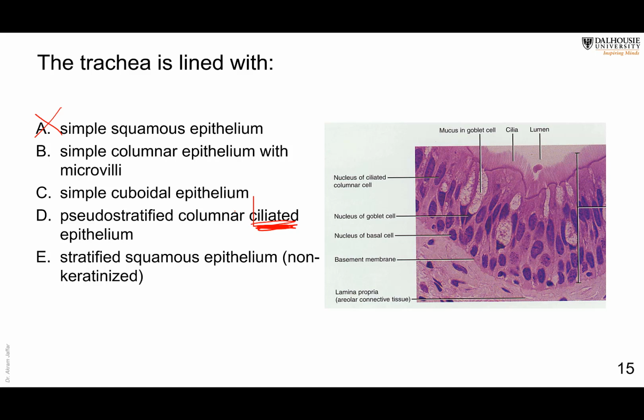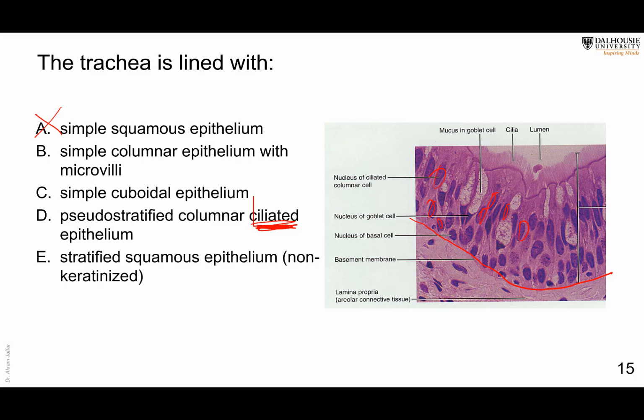Pseudostratified because although all the cells lie on the same basement membrane, the cells are of different heights, and because of that their nuclei appear at different levels, which gives the impression that the epithelium is stratified, whereas it's not. It's a single layer of cells, but the cells are of different heights.